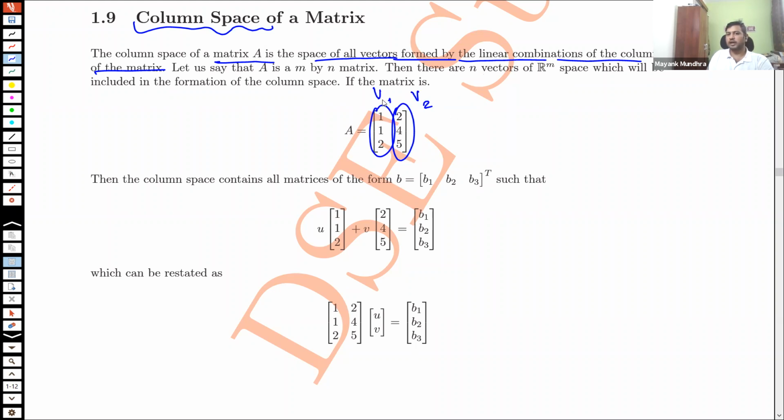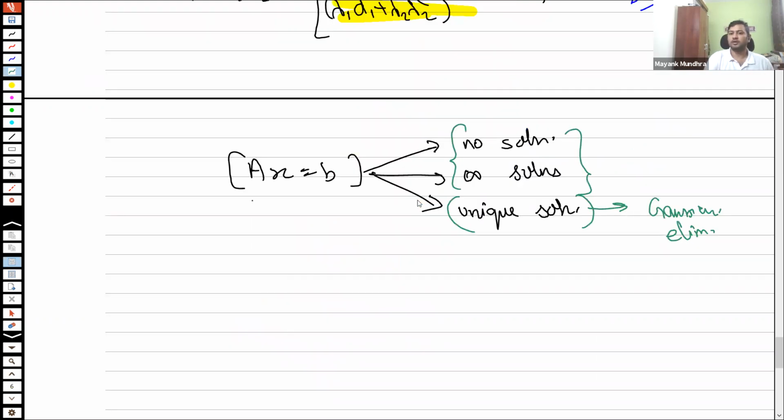You can use V1 and V2 to get all sorts of vectors. So for all lambda 1, lambda 2, this is going to be the column space of A. So the column space of A is basically the set of all vectors which can be formed using linear combinations of the columns of the matrix.